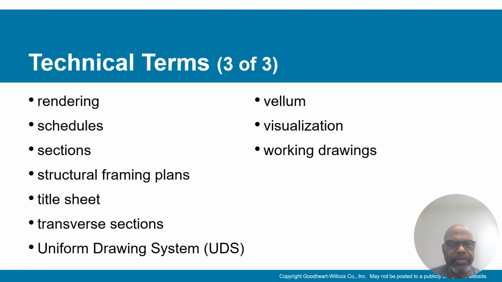Additional terms we may find. Here, one thing I'm going to pick up really quick, vellum. That is the paper they use for old blueprint type of printing. It was a very thin, transparent type of paper that used the process to make copies of original drawings.